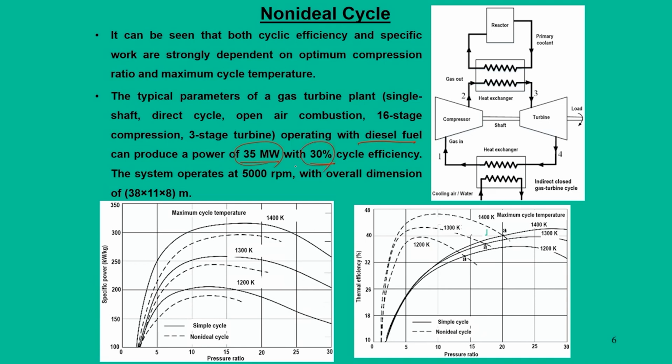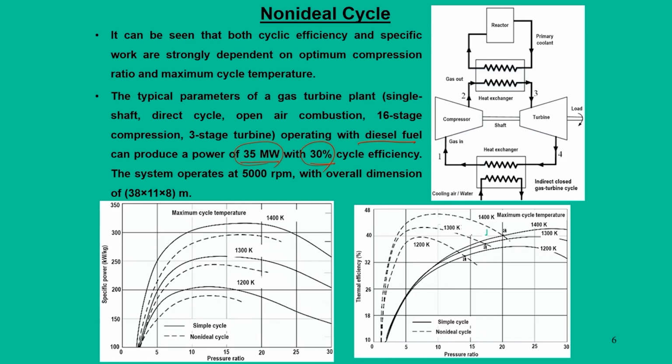To achieve this, we expect a maximum temperature that we are going to handle, and that is seen at the turbine inlet point. With these three vital parameters, we are going to look at the relations between specific power and pressure ratio, and thermal efficiency and pressure ratio.